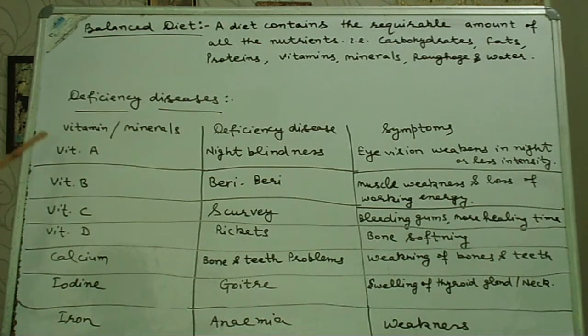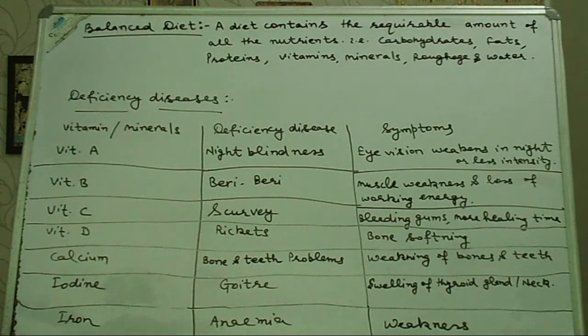Like I have told you about some of the vitamins. Vitamin A, what does it provide us? It provides us good vision. We can see everything very clearly due to this vitamin only. But if we are not taking vitamin A in our diet, then the problem of night blindness can take place.